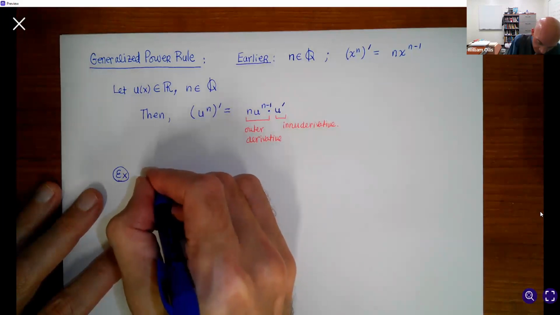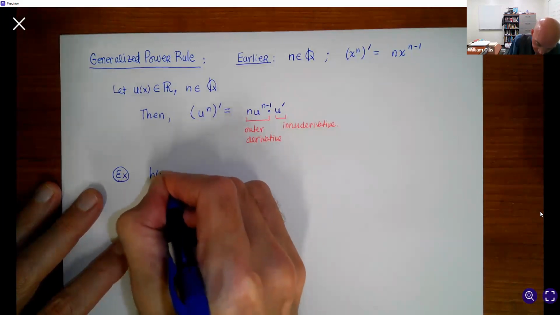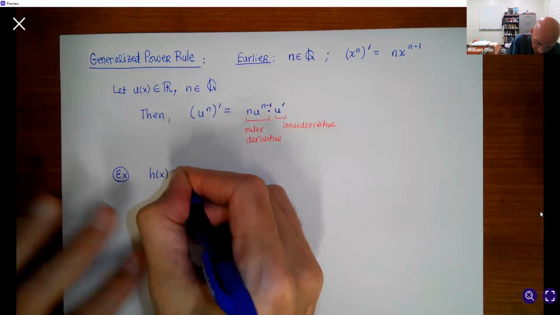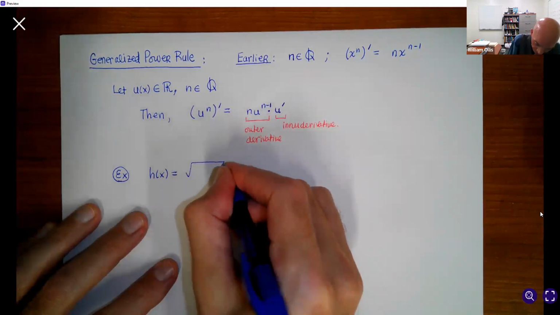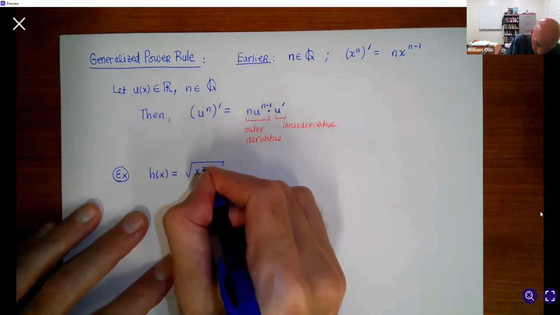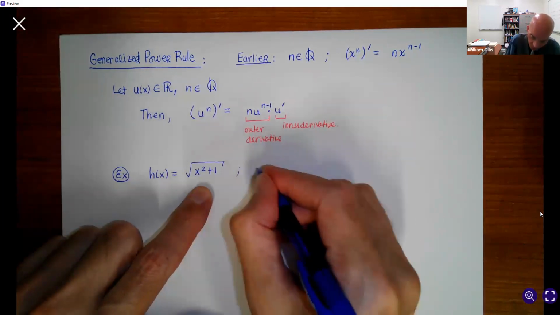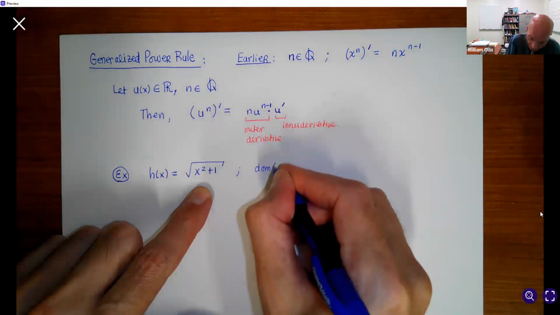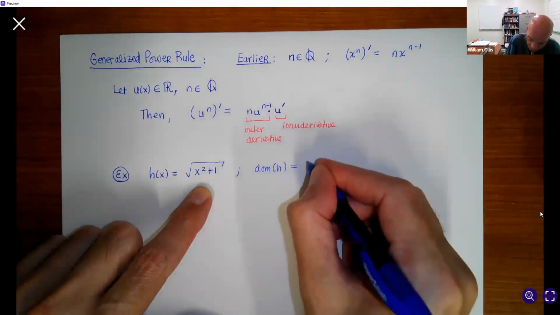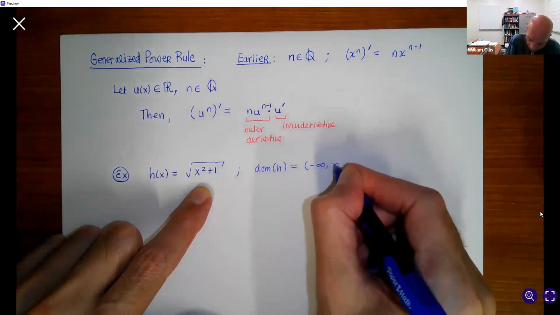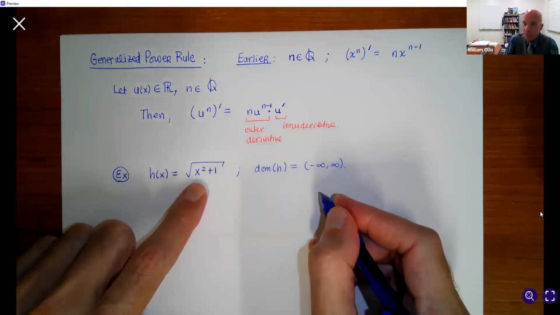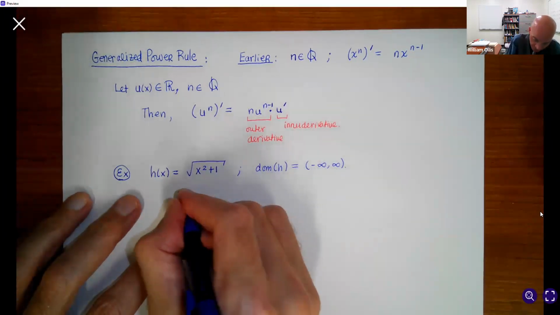Say you have h of x equals just the square root of x squared plus 1. This is a very nice function. Its domain is all reals. The domain of h is all real numbers. Now, we can think of this as a composition.